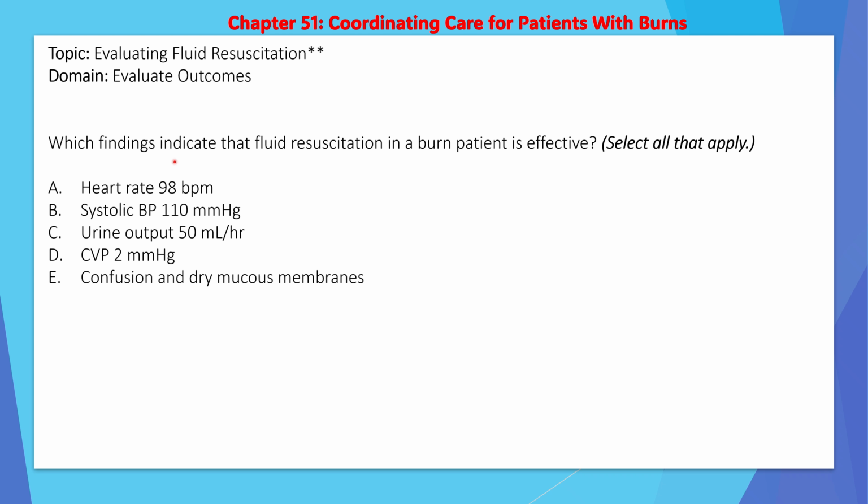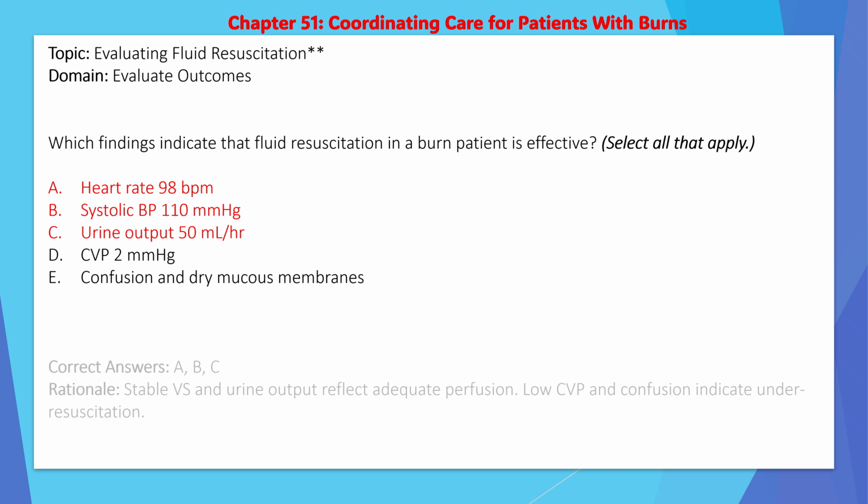Evaluate outcomes: heart rate is within normal range, systolic looks good, urine output okay. Stable vital signs and urine output reflect adequate perfusion. Low CVP and confusion indicate under-resuscitation.